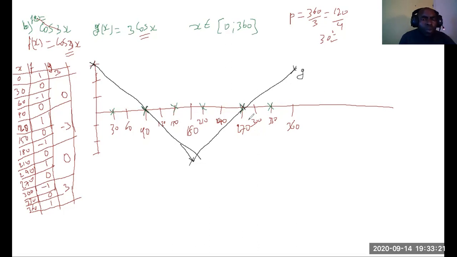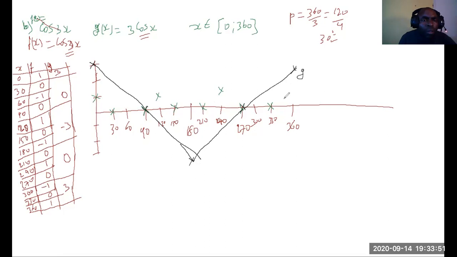Okay. Then I have got a maximum of 1 at 0, and then 1 at 120, and then 1 at 240, and then 1 at 360.